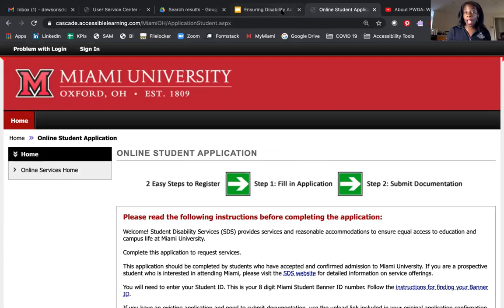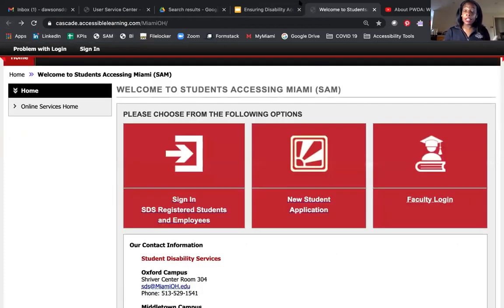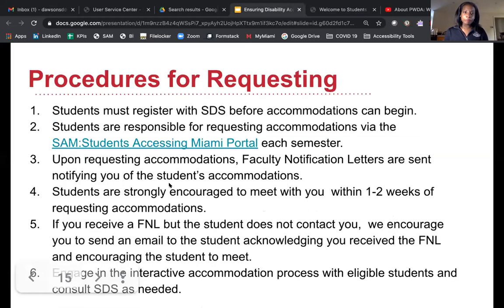We do have to have some sort of verification in most cases. However, if the disability is readily apparent, we do not necessarily require documentation or verification. Student self-report is actually our primary form of documentation, and the written documentation verification from the medical provider is our secondary form of documentation, just so you're aware of that.